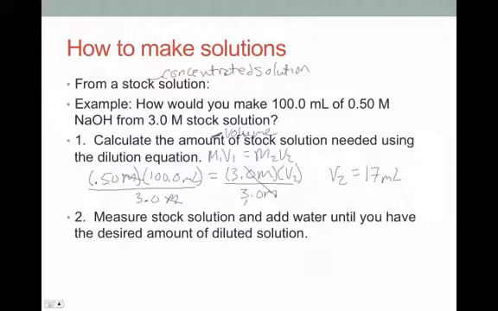And the second thing you do is you measure that stock solution and you add water until you have the desired amount of diluted solution.